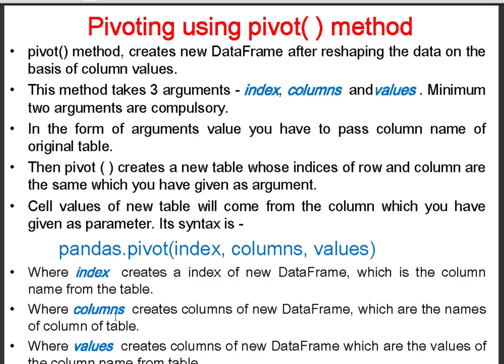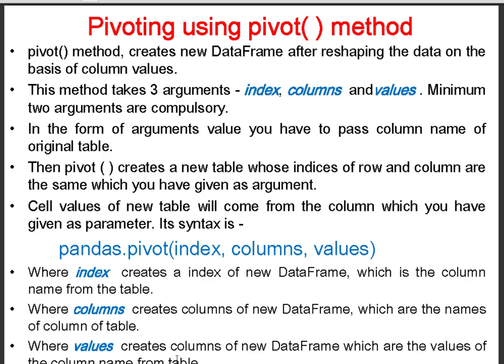Columns creates the columns of the new data frame, which are names of columns from the table. And third, values creates the values of the new data frame, which are the values of the column name from the table.